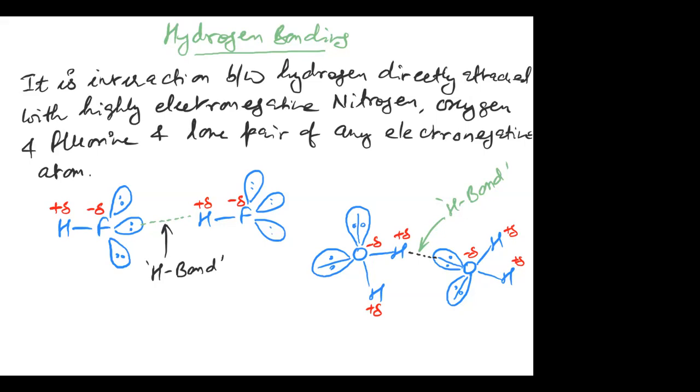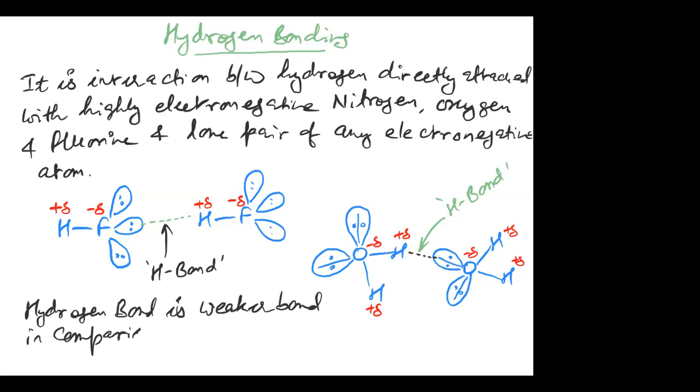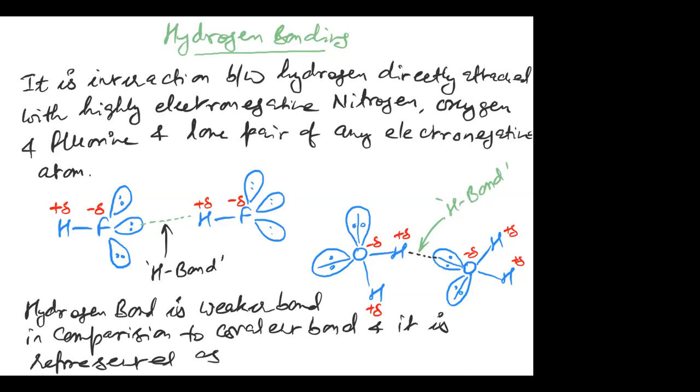Now, as far as hydrogen bond is concerned, a hydrogen bond is a weaker bond in comparison to a covalent bond, and it is represented as a dotted line.